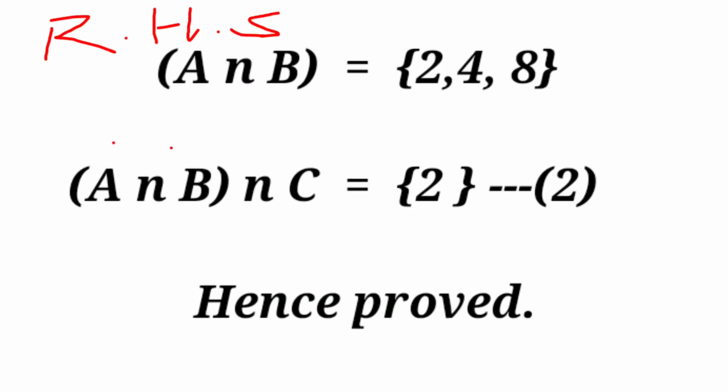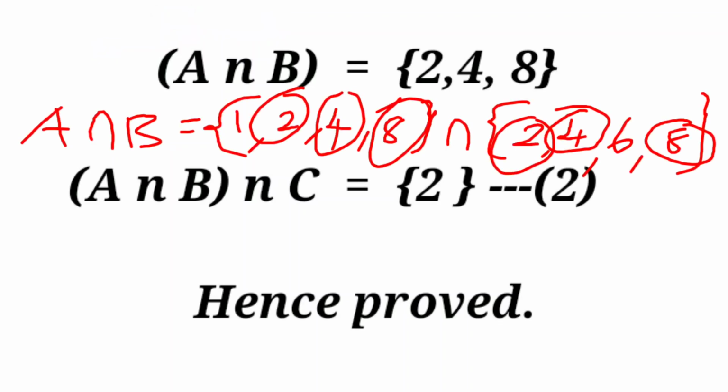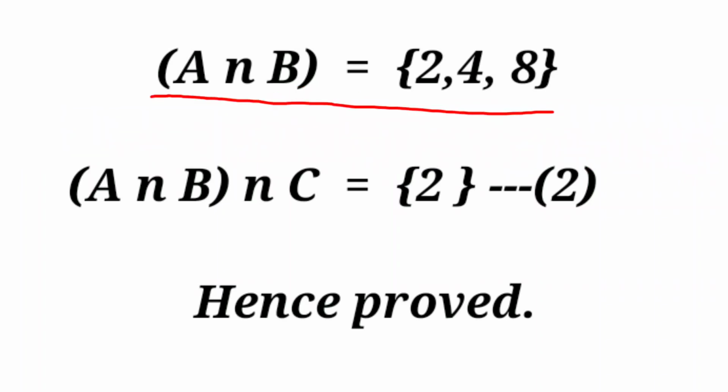Right hand side, (A intersection B) intersection C. First we find A intersection B. A intersection B is equal to {1, 2, 4, 8} intersection {2, 4, 6, 8}. Common elements are 2, 4, 8. Therefore, A intersection B is equal to {2, 4, 8}.